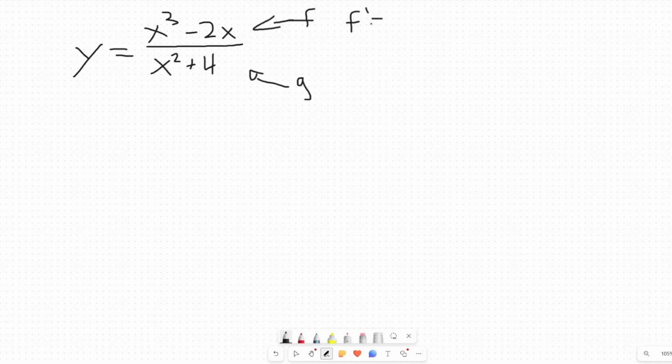So f prime is equal to 3x squared minus 2. And then g prime is equal to 2x. All right, so now we plug that in.